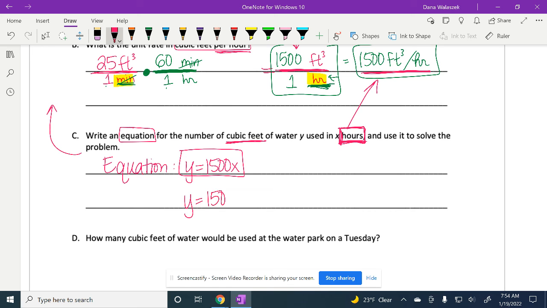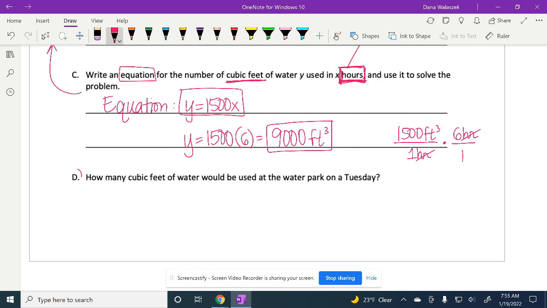So 1,500 per hour times 6 hours, put it in your calculator. And our hours are gone if you guys are interested for the units, because I'm doing 1,500 cubic feet per 1 hour times 6 hours, right? So I don't have hours anymore, I just have cubic feet.